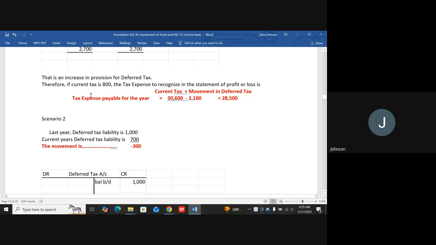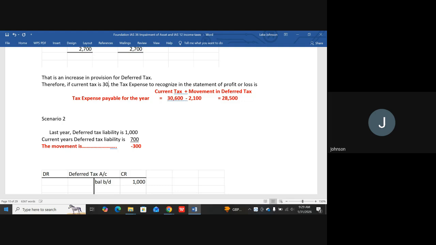Yes, so if current tax is 800, the tax expense to recognize in the statement of profit and loss is going to be this minus this. I think this current tax is 30,600. Sorry, this should be 30,600 now. What am I saying? This is 30,600.